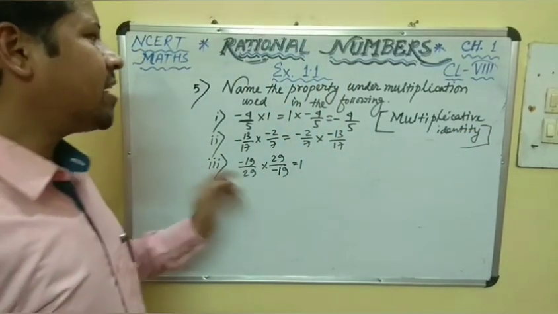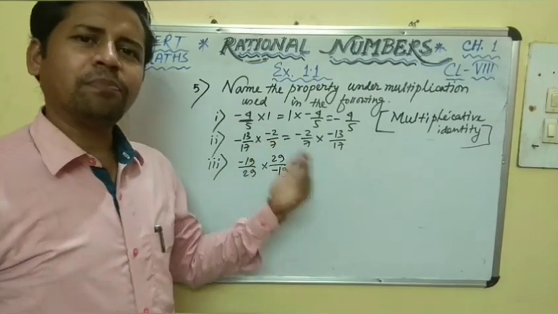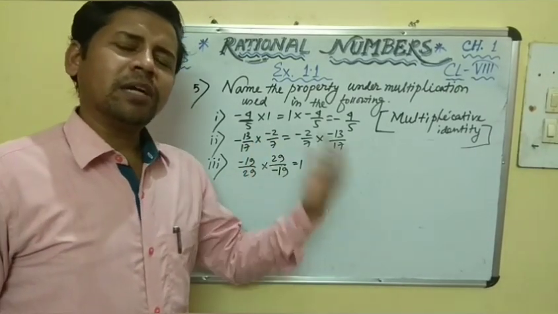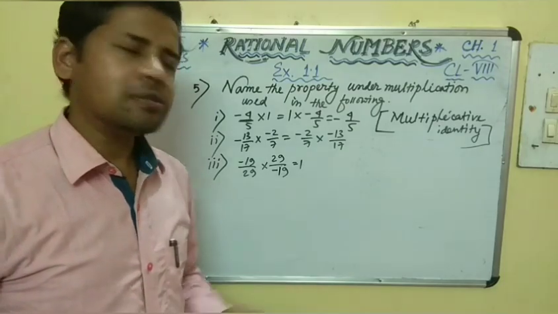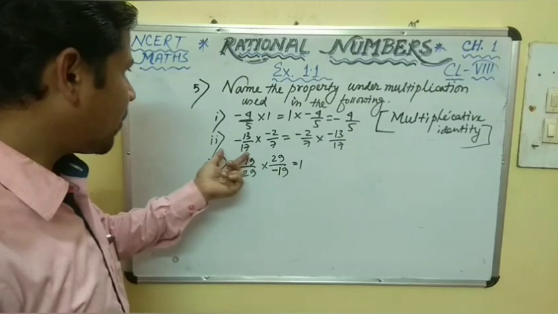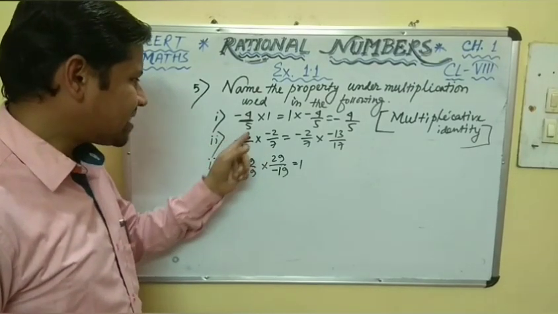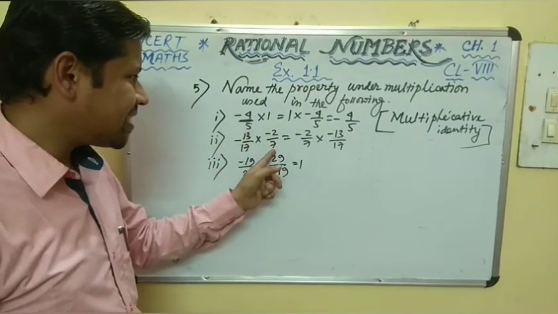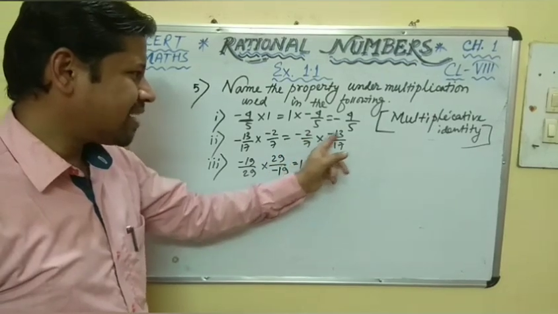What is the multiplicative identity here? 1. If we multiply numbers by the multiplicative identity, then the numbers become unchanged. So next, what is that? Minus 13 by 17 into minus 2 by 7 equals minus 2 by 7 into minus 13 by 17.